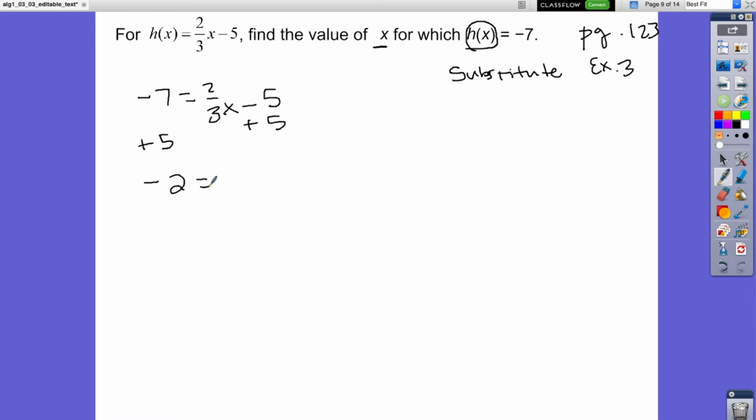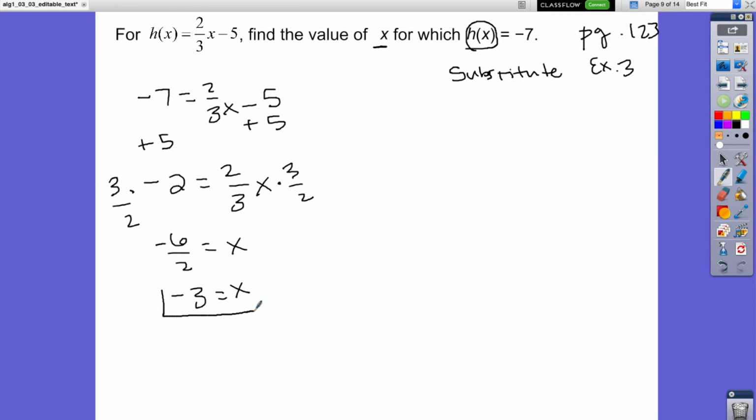Okay, so negative 2 is going to equal 2/3 x. This one, multiply by the reciprocal. Good. Multiply both sides by 3/2. So x is going to be negative 6/2, which you simplify to negative 3.